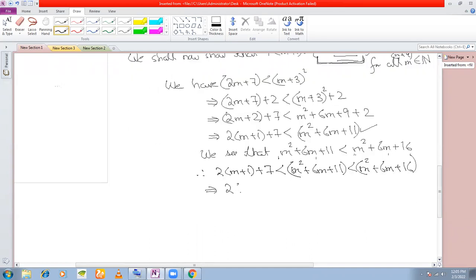That means now we can write this as twice m plus 1 plus 7 is simply less than m square plus 6m plus 16, right? That means we can write this as twice m plus 1 plus 7 less than m plus 4 whole square, right?